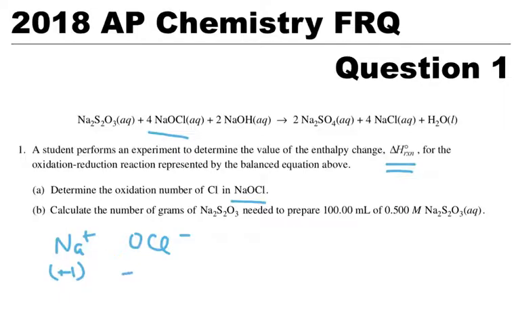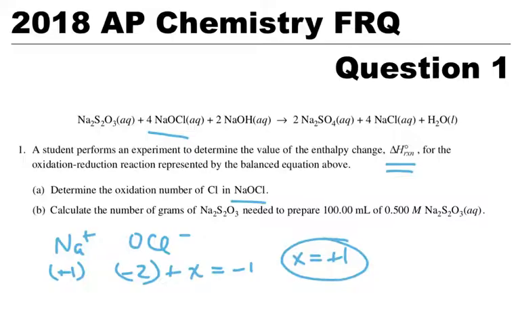Oxygen in its compounds is almost always minus 2, and chlorine, let's call that X. When we put those together, it's going to give us the charge of the ion. We'll call that minus 1. So minus 2 plus X equals minus 1. So we know that X is going to be plus 1. So that is the oxidation number of the chlorine in NaOCl.